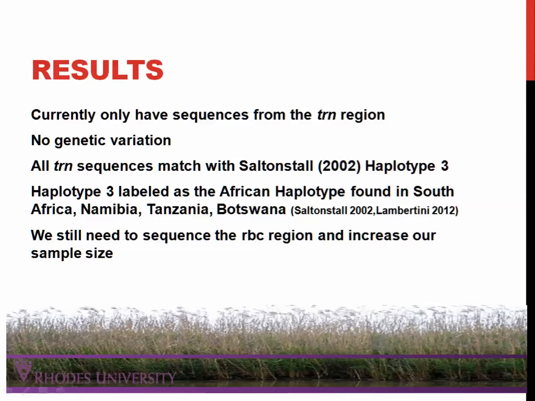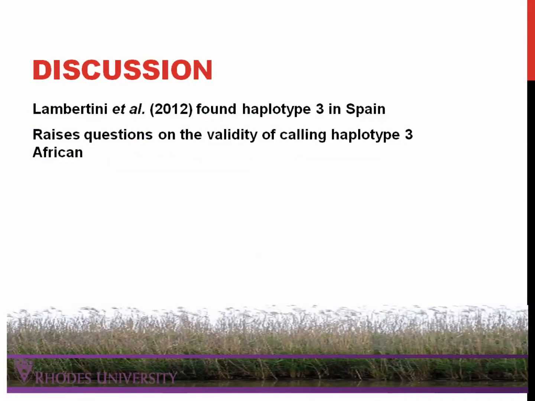She's labeled haplotype 3 the unique African haplotype, based on the fact that it's very widespread in southern Africa. Haplotype 3 is found in Botswana, Namibia, and South Africa. But as I said, these results are not finalized, as I still need verification from the RBC region.